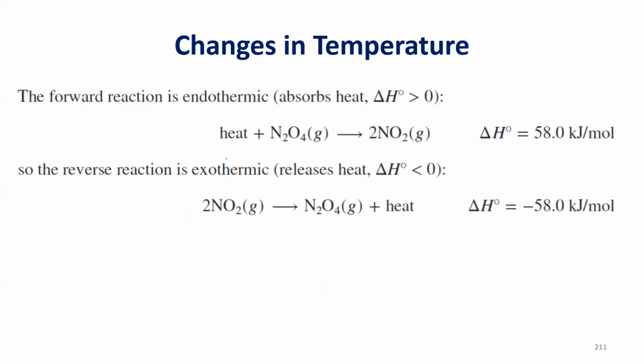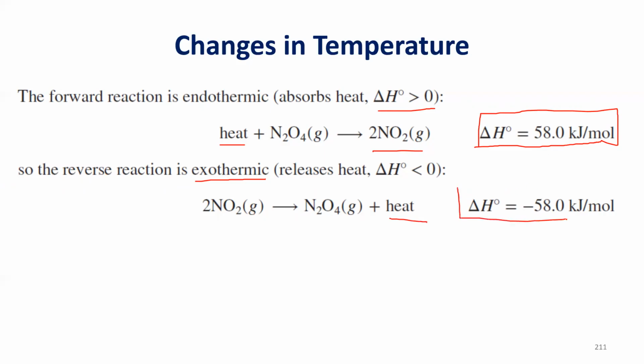So N2O4 absorbs heat and forms NO2, so the enthalpy change, delta H, is positive. The reverse reaction is exothermic, so for NO2 to form N2O4 there's a release of heat, which means that the enthalpy change is negative.